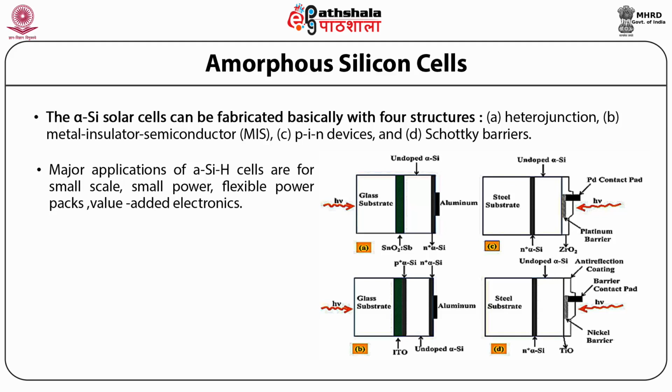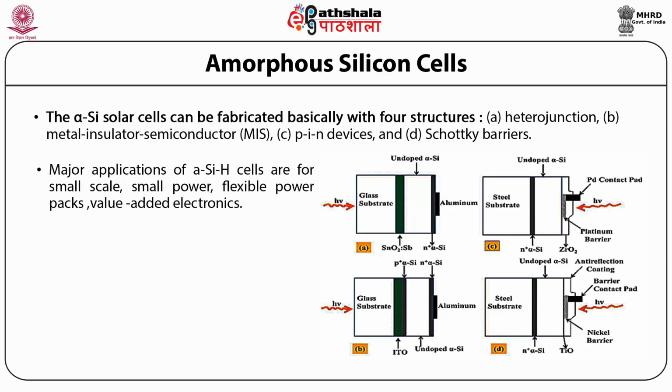The first heterojunction solar cell was produced by depositing the amorphous silicon on glass coated with either tin oxide doped with antimony or indium tin oxide, also shown in figure A. The most suitable heterojunction solar cell was first prepared by depositing an undoped SiH layer on ITO or tin oxide antimony coated glass substrates, where a thin p-doped alpha SiH layer is used to make ohmic contact with evaporated aluminium contact.